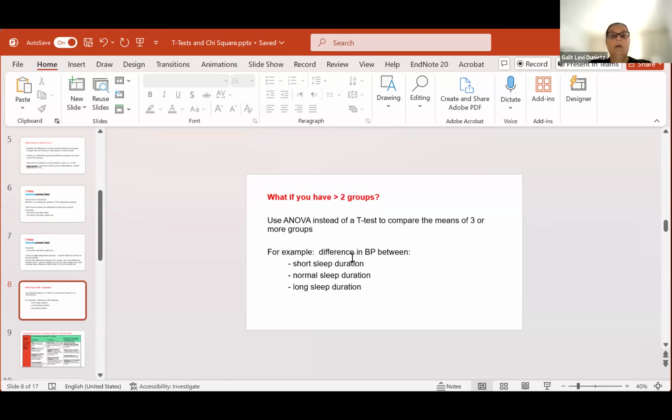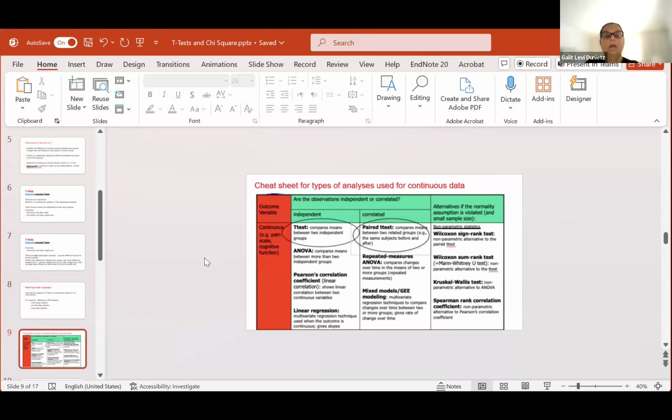For example, regarding sleep duration, before that we had a binary, less than 7 or 7 and more. Here we have the short sleepers, the normal sleepers, and the long sleepers. So these are 3 categories. And what we're doing is comparing the blood pressure for each of those 3 groups, and we're doing that using ANOVA.